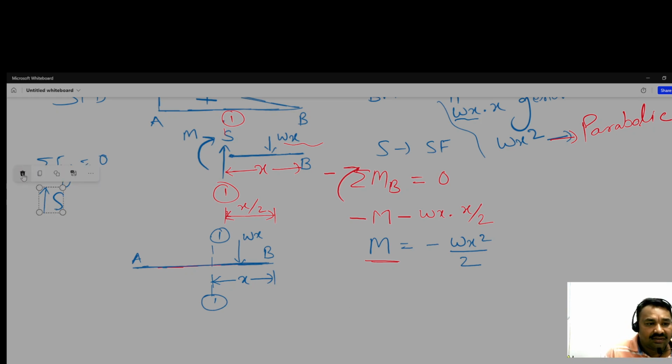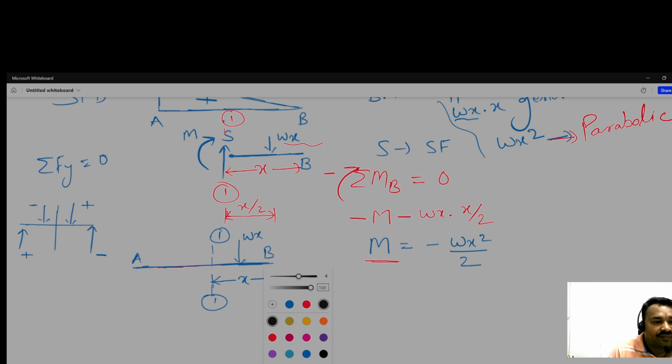As per this, we take this positive, this negative, this negative, this positive. And this is the right side, and this is the left side.